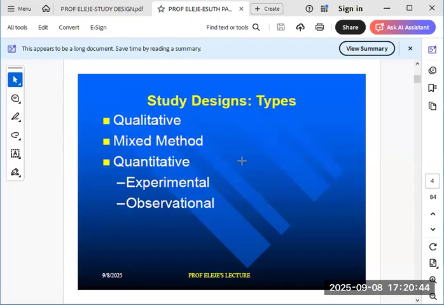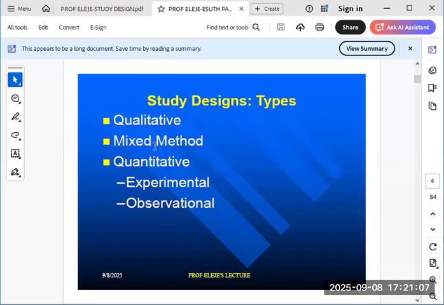Just like mentioned earlier, we basically have three types of study design: qualitative, mixed method, and quantitative. These are the major types. Mixed method, as the name suggests, is a mixture of both qualitative and quantitative.